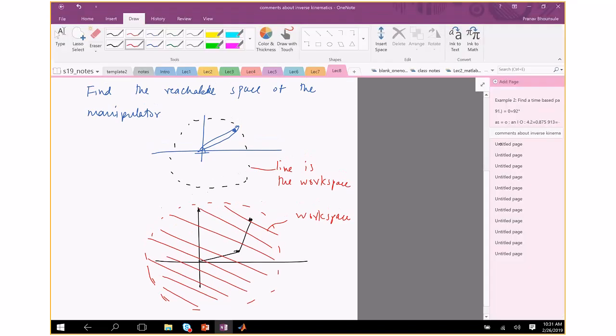Okay, the second point is, sometimes the end points are reachable, but intermediate points are not reachable.